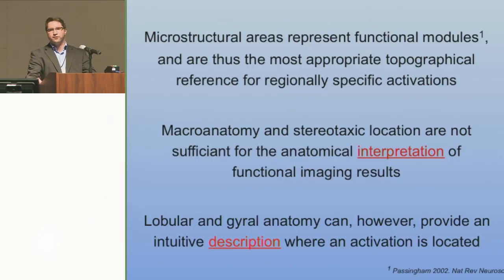Macroanatomical terms like the superior temporal gyrus can be okay to describe where something is happening, but we know there's a high heterogeneity of microstructural features, of infrastructural units, in that particular macroanatomical region, so it's not really sufficient for interpretation.